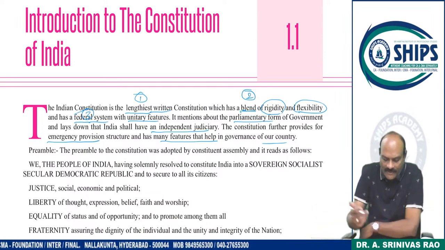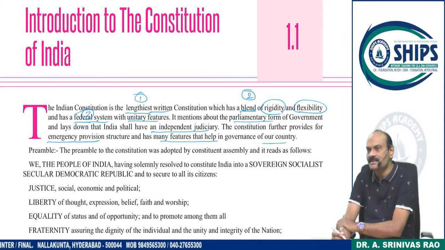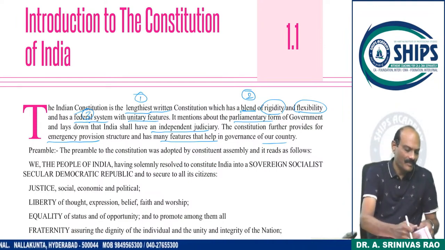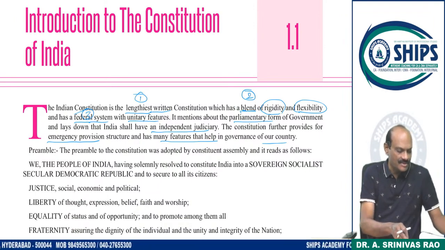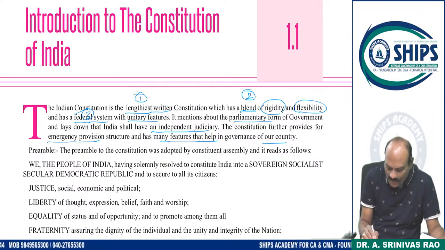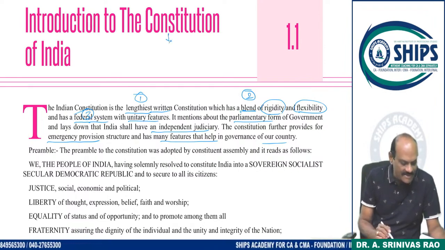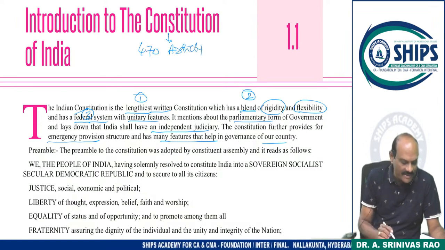Learning is required. Okay. The Indian Constitution is the lengthiest written constitution. What are the various items of this constitution? When it comes to the constitution, guys, remember our Constitution of India consists of 470 articles. Please make a note. 470 articles are there.